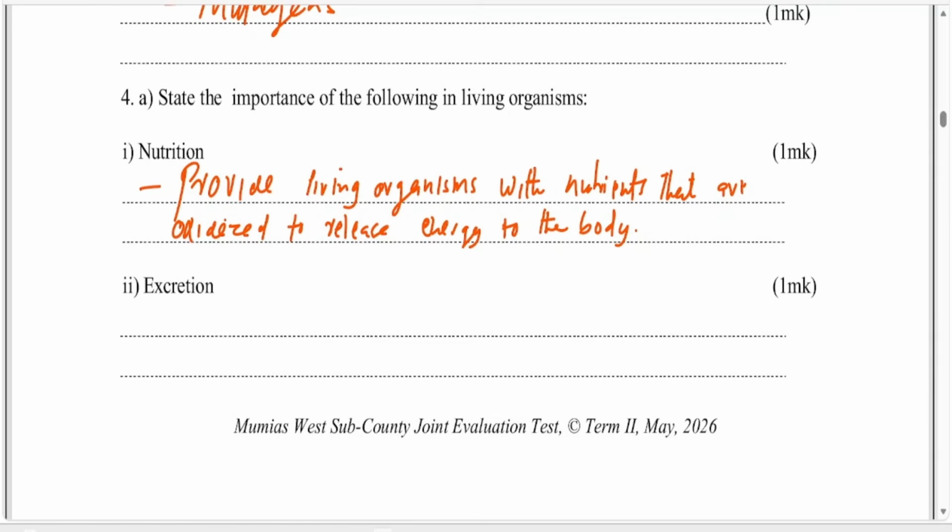Then we have excretion. Excretion, we know it's the separation and elimination of nitrogenous waste materials from the organisms' body cells. So, how does this characteristic help the organism?